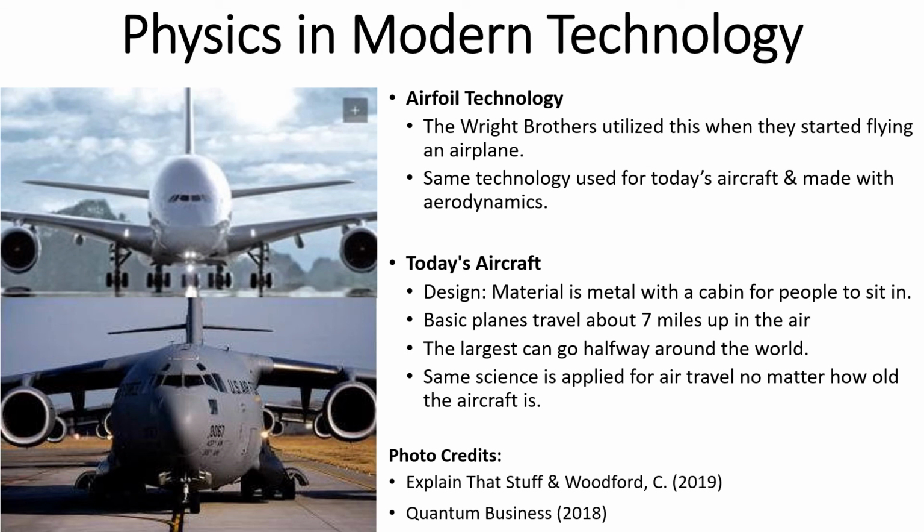Today, aircraft are designed with metal and have a cabin to allow people to sit in. Basic planes go up in the air about 7 miles, and the largest aircraft can make their way about half of the entire world. Even with plenty of differences between planes now and from way back, the same science still applies when traveling in the air.